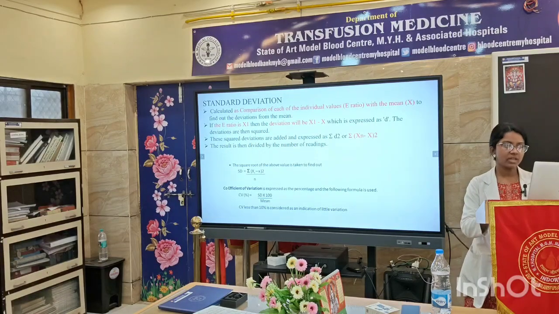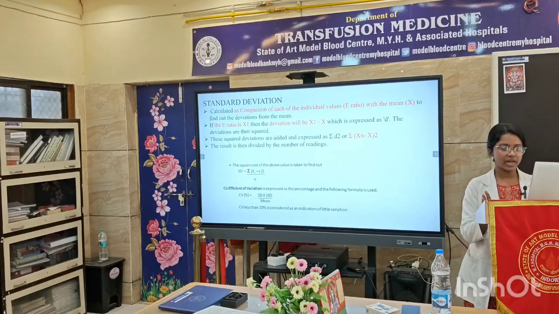And standard deviation, again, we have a formula for that, and it is calculated as a comparison of each of the individual values of E ratio with the mean to find out the deviations from the mean. If for example an E ratio is x1, then the deviation will be x1 minus x̄, which is expressed as small d. The deviations are then squared.